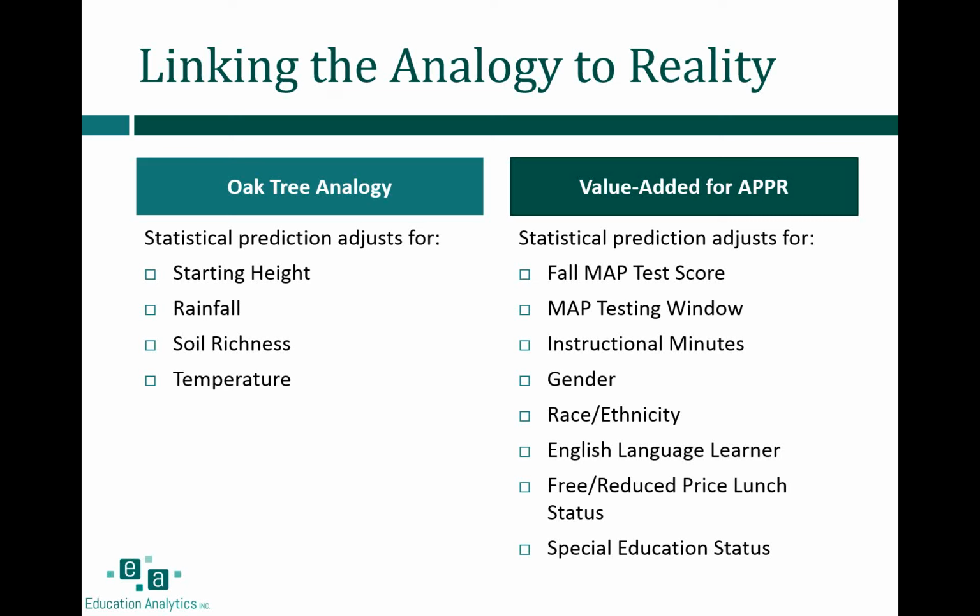In value added for APPR, our statistical predictions for students adjust for the fall MAP score for each student, as well as the testing window, meaning the amount of time between the fall and spring tests for each student, the instructional minutes based on the SIRS data that we collect, meaning how much time the teacher had with those students in the same classroom, and the different demographic characteristics of students, including gender, race, ethnicity, English language learner status, free reduced price lunch status, and special education status. All those different things come into play when we're thinking about our statistical prediction for each student.